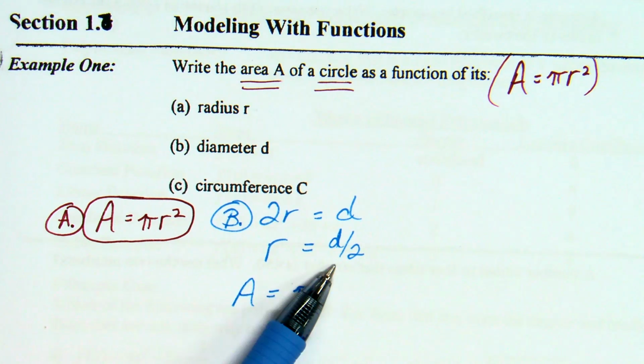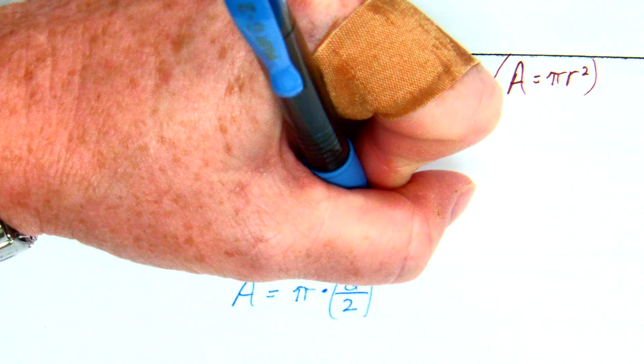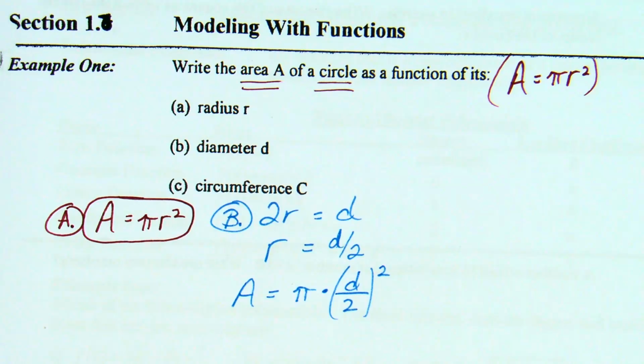Since it was r squared, we're going to say d over 2 quantity squared. So we've just changed our area formula from being a function of r to now a function of d. Can you do a little cleanup there? What happens when you take d over 2 and you square it? d squared over 4.